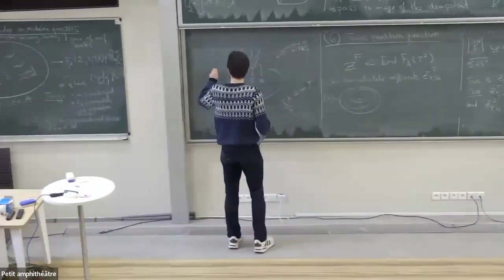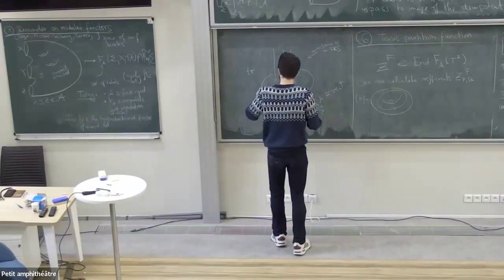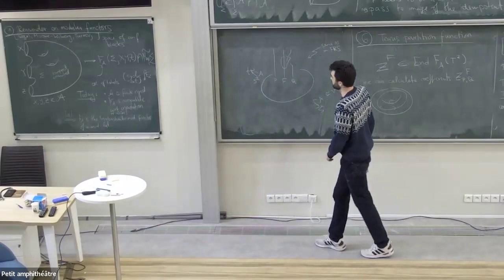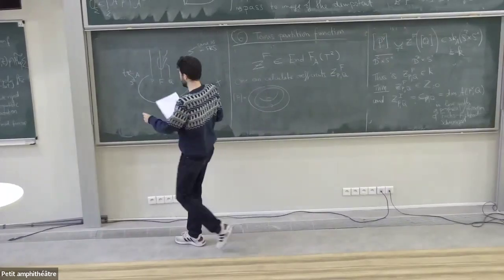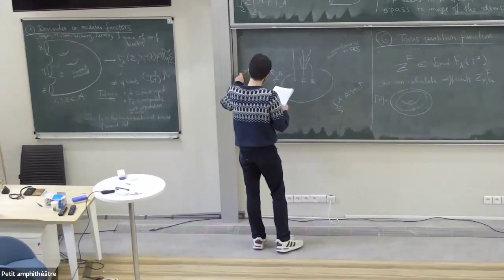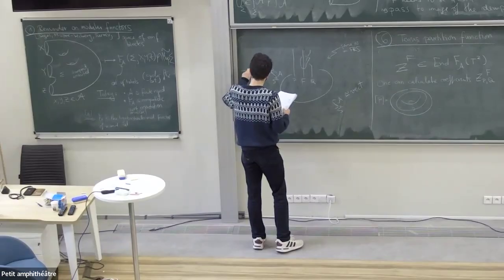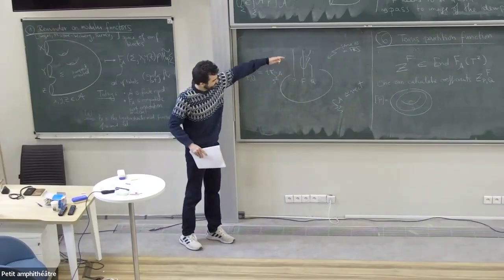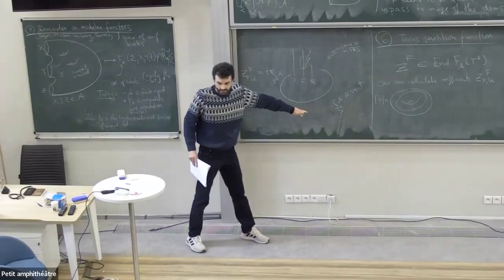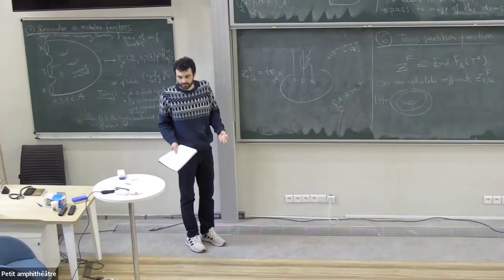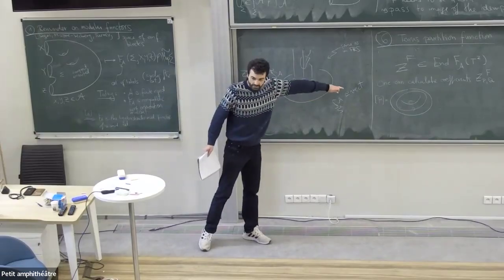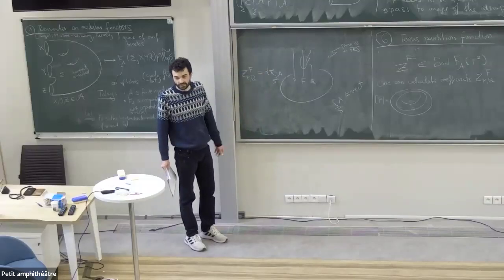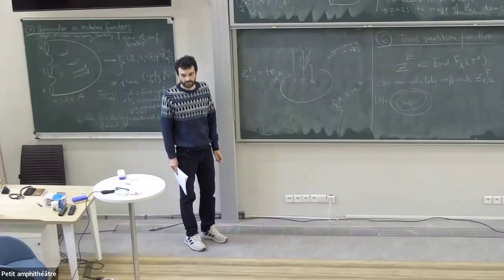And so there's a well-defined trace. This is an idempotent, so it is an idempotent matrix under the identification with vect, and the trace of this is this number, so it's the dimension of the image.